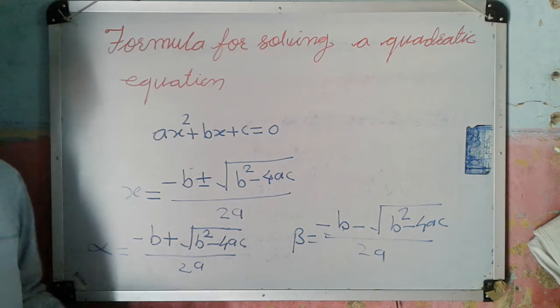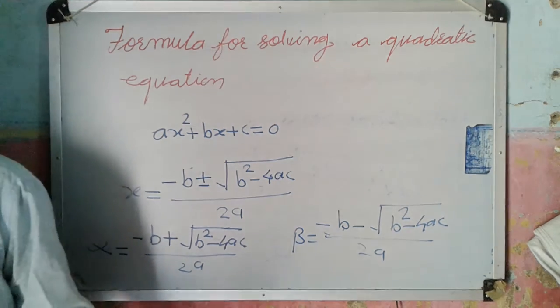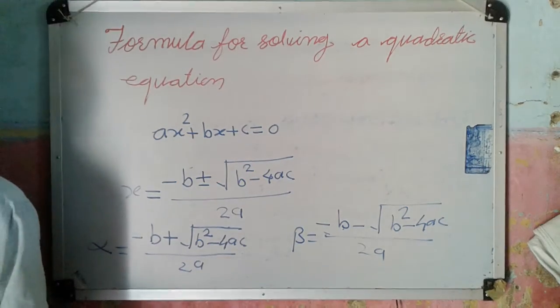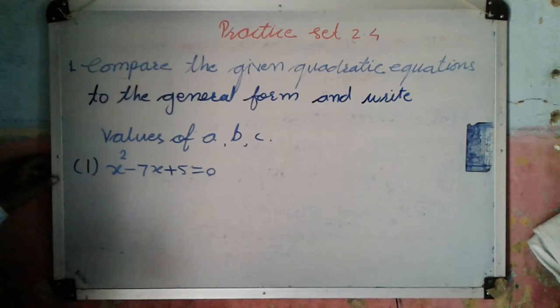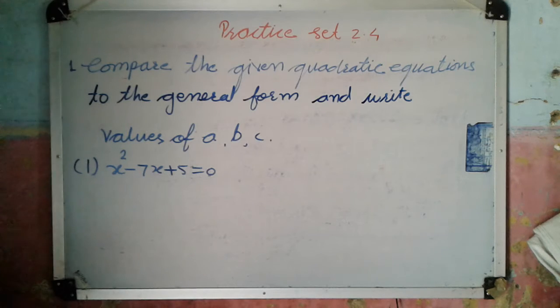Now we will solve some examples. Now here practice set 2.4 question number 1. Compare the given quadratic equations to the general form and write values of a, b, c.